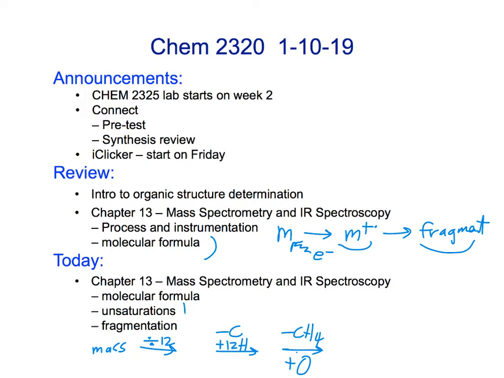One is that we can calculate the number of unsaturations. We'll talk about that. And then we'll start to talk about the actual fragmentation, how the molecule cleaves apart. Once we've done that, we'll look at some examples. Okay? And if we're fast enough, we'll even look at a start of an introduction to IR. All right, any questions? All right.